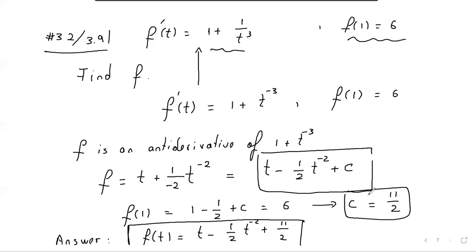So here's an example where it matters what the constant is. If you want to match a function that has an initial value of 6 at 1, like this one here, and a certain derivative, a derivative means a certain type of tangents, then you want to use that constant because that constant will be essential.